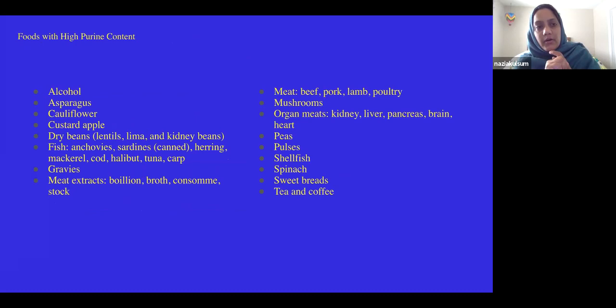Foods that also increase the risk of uric acid stones include alcohol. So alcohol intake is very common, thankfully not so much in kids in our population, but in adults. Then meat products, so red meat, pork, lamb, high protein intake like that can also cause uric acid stones.